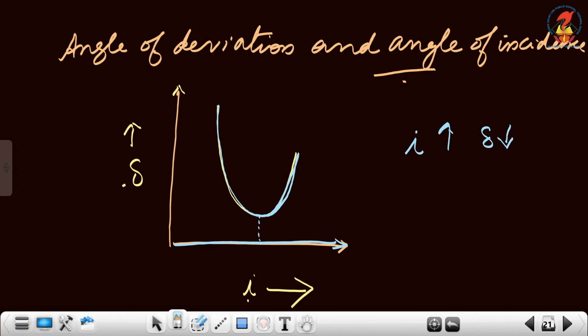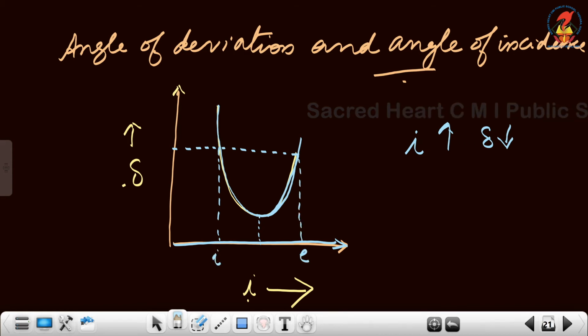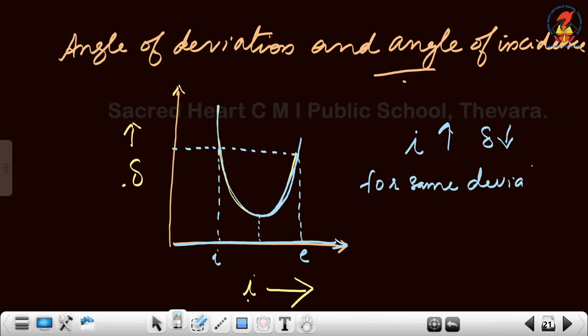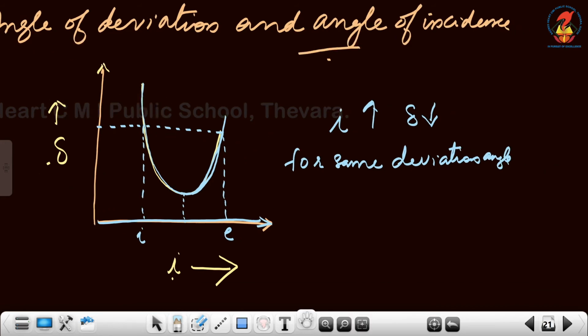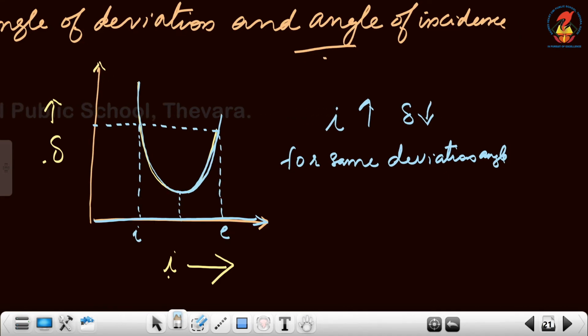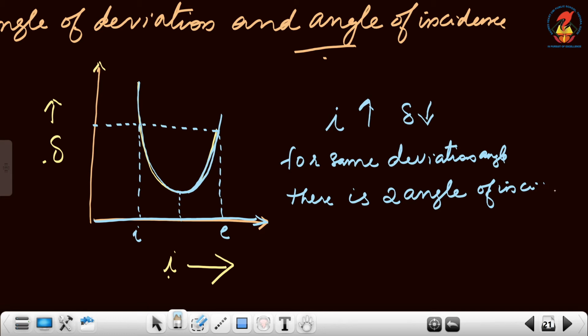And also for the same angle of deviation, you are able to get two angles of incidence, which means for the same deviation angle, there are two angles of incidence and hence angles of emergence.